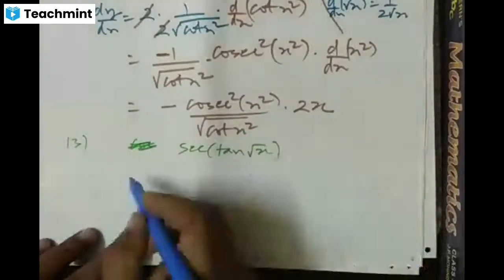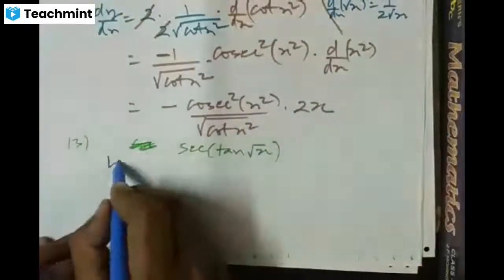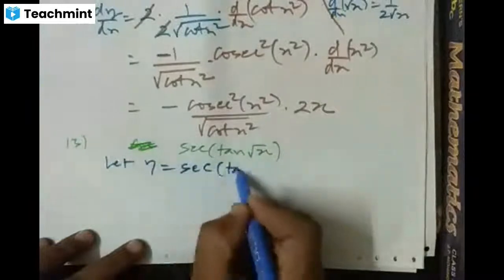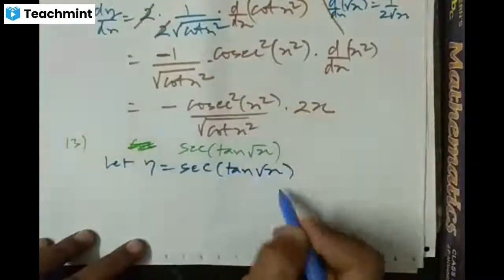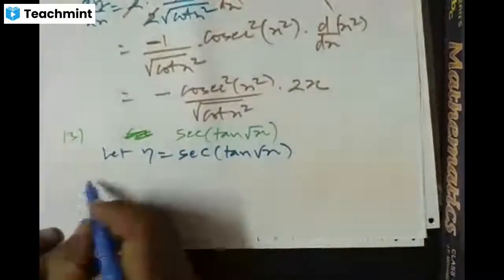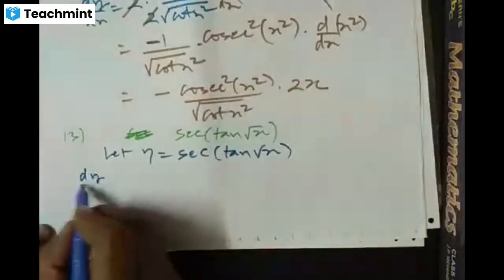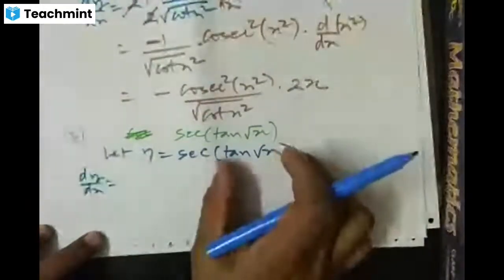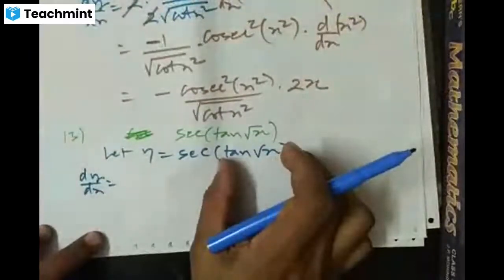Let y be equal to secant of tan of root x. Then dy by dx is equal to, assume this as a single variable x or u. What is the derivative of secant x?